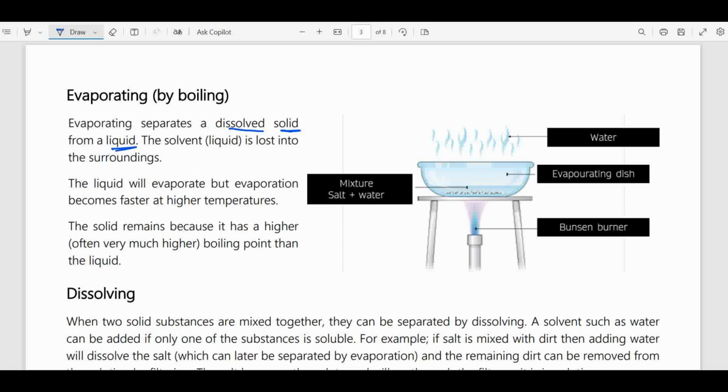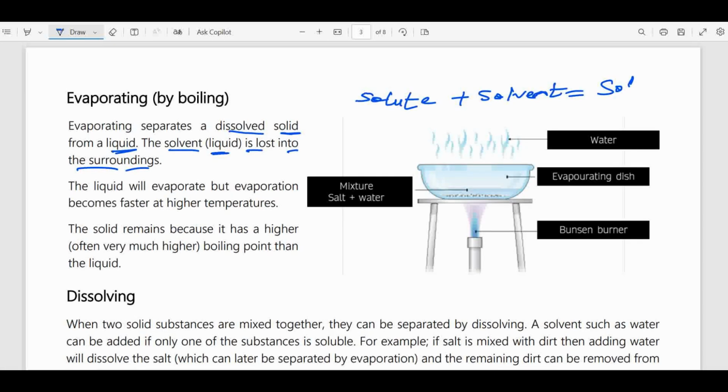So you have the solvent, which is the liquid, that is lost into the surrounding. So remember, when you have your solute plus your solvent, forming your solution, equals solution.